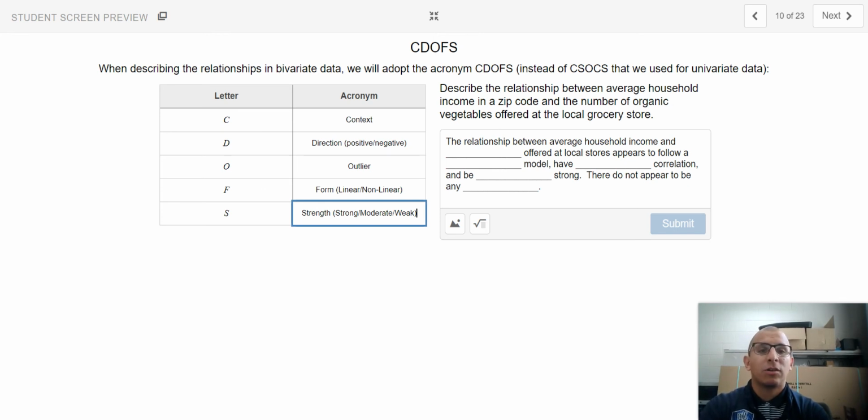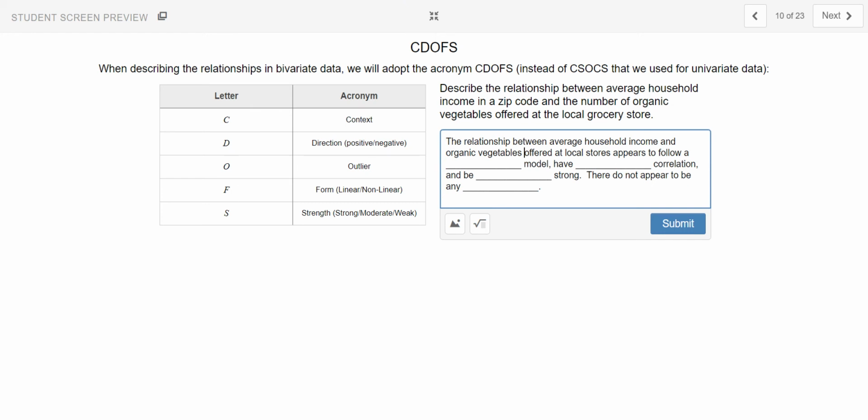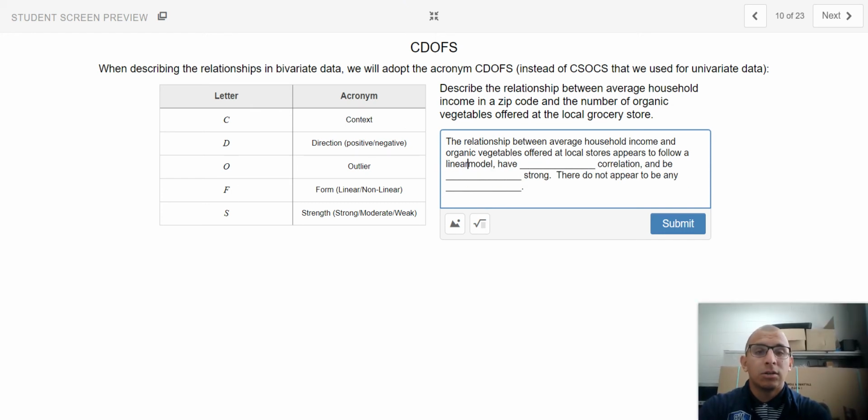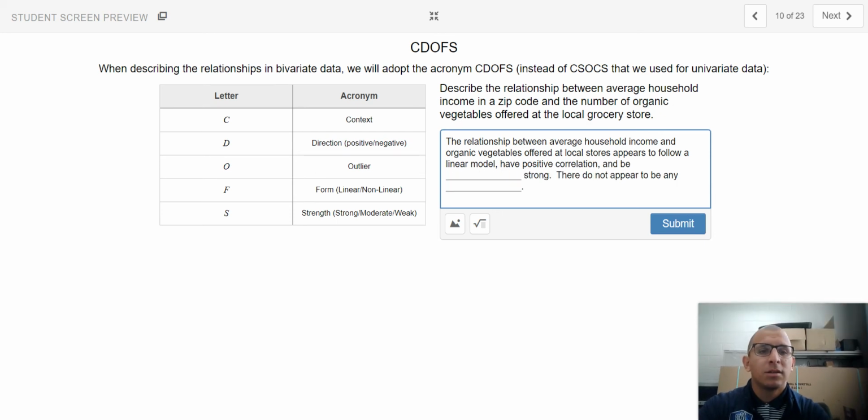So let's fill in these blanks here. Describe the relationship between the average household income in the zip code and the number of organic vegetables offered at the local grocery store. So the relationship between average household income and organic vegetables offered at local stores, satisfying context, appears to follow a linear model, satisfying the form, be positive, and be moderately strong.